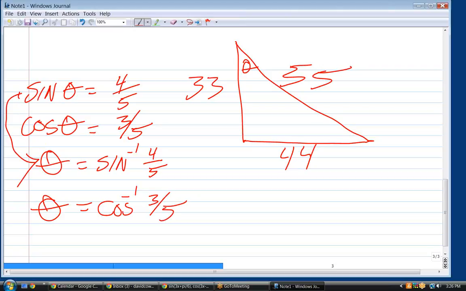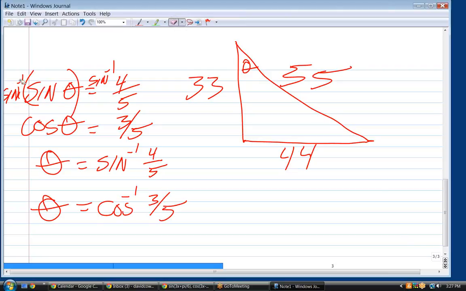These are kind of like if and only if. Another way of thinking about it is, I could take the inverse sine of both sides. The left side produces just theta, so theta is equal to the inverse sine of 4 over 5.